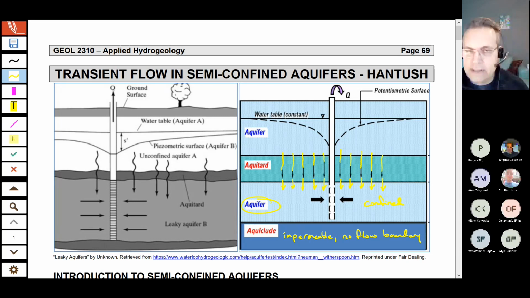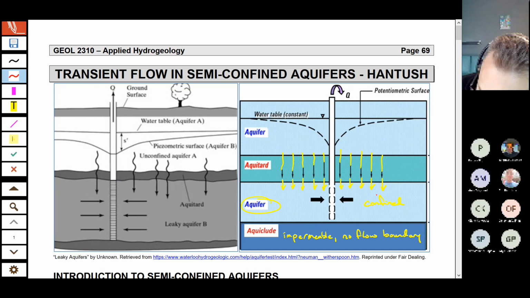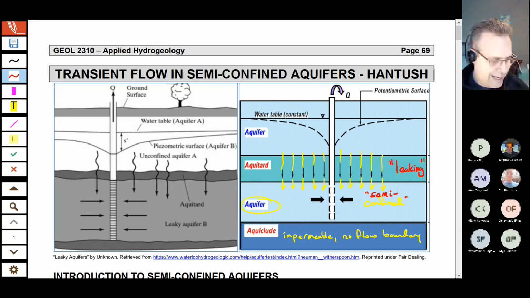And because it's able to transmit this groundwater, this aquifer now is semi-confined. So let's just stipulate that right now. We'll call it semi-confined, again because we have the transmission through the aquitard, and it's also leaking, or a leaky aquitard.